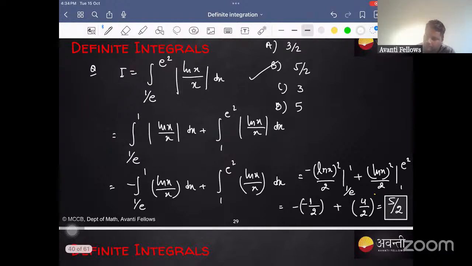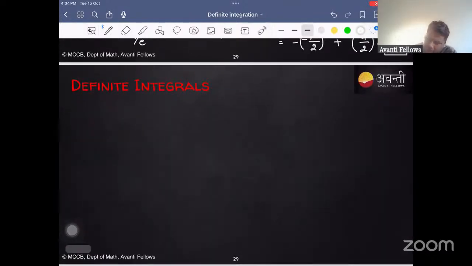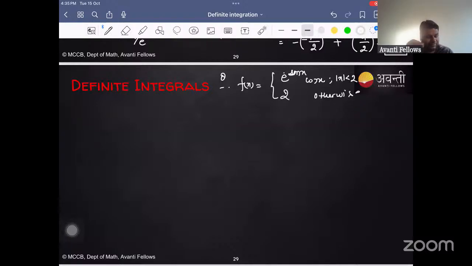Very good. Now, write down the next question. Given f(x) is e to the power sin x into cos x if mod x is less than 2 and it is 2 otherwise.